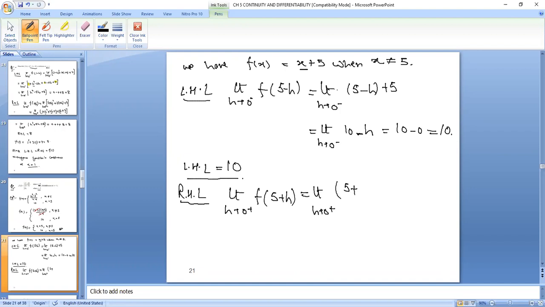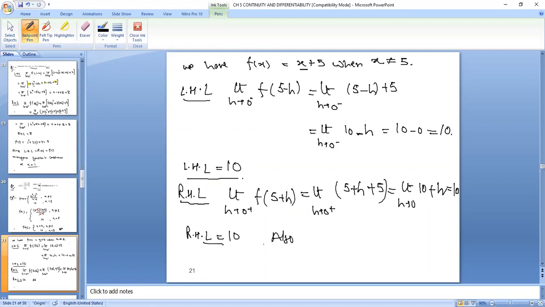In place of x, you write 5 plus h, so it is 5 plus h in place of x plus this 5. And it is limit h tending to 0, 10 plus h. Apply the limit. When you apply the limit, it will be equal to 10, right? 10 plus 0, it will be equal to 10. So you will have right hand limit 10.